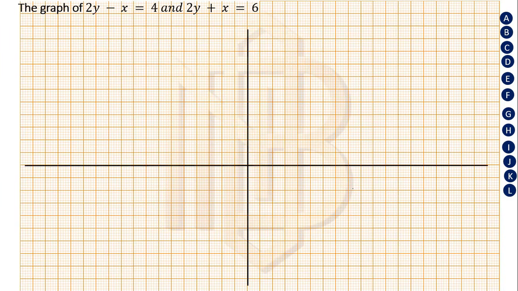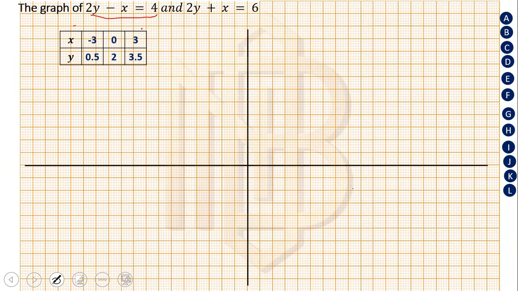Now the next thing is for us to determine the scale that we are going to use. To consider the scale, we have to check our tables. So now let's take a look at table 1. For table 1, of course, you agree with me that this table belongs to this equation.